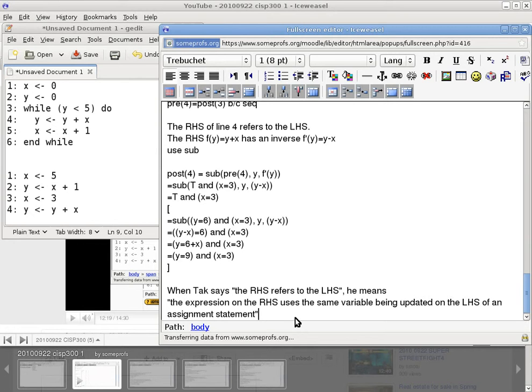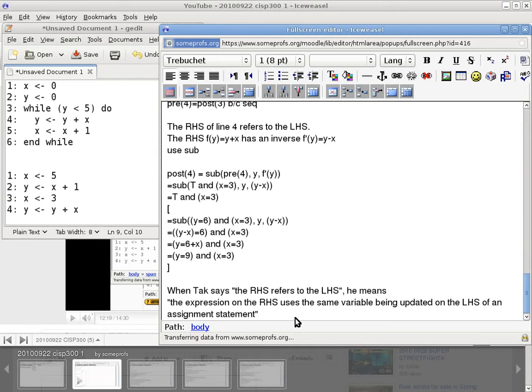The other one is still right because x is guaranteed to be 3 by the time we finish the entire algorithm, but it has lost track of y in the process. It is still true, but it is not as good a postcondition as the one that can still give you some idea of what y should be. Okay?